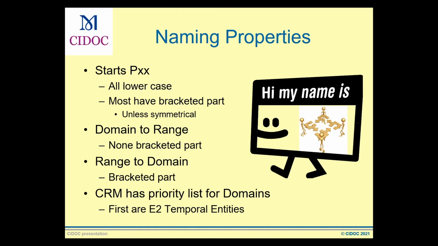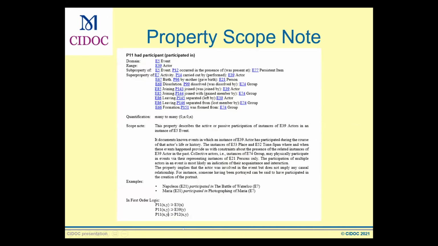If we go on to look at the scope note, which I have here, we say what the name of the property is, and you can see that it's P11 had participant, if I read it from domain to range, or participated in if I read it from range to domain. At the top of the scope note, I've defined what the domain and the range are. In this case, the domain is the event and the range is an actor.